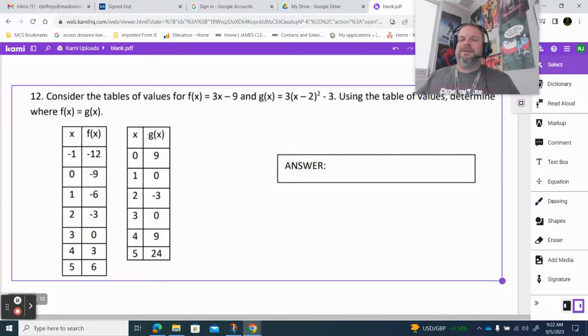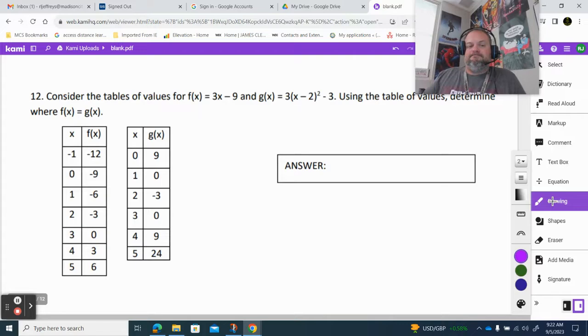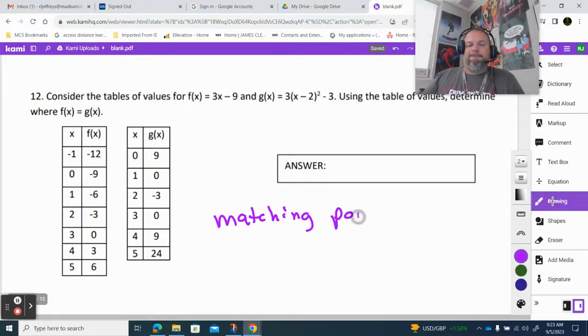All right. So on this one, who remembers the rule for this one? Let's write points instead of coordinates. So let's look in the left column.